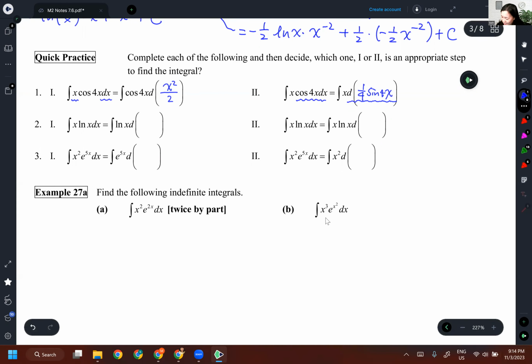Iris, what do you think? 1 or 2? 2. You're correct. 2.